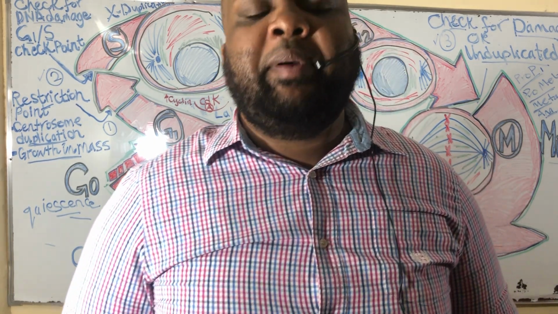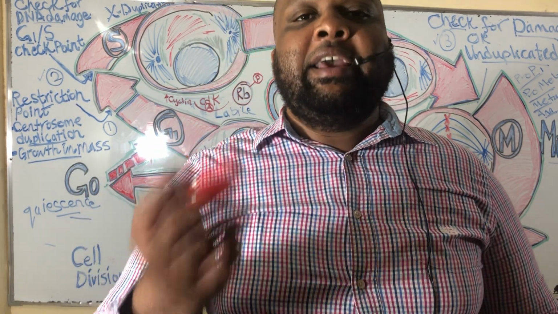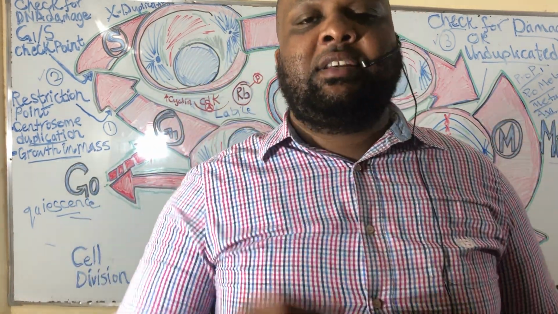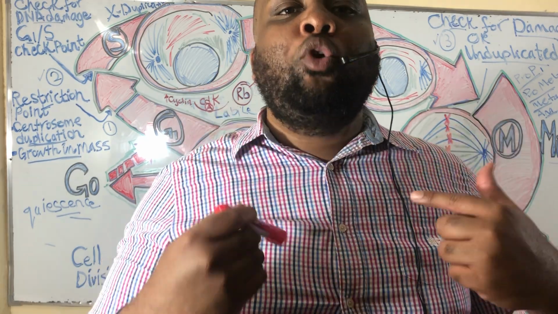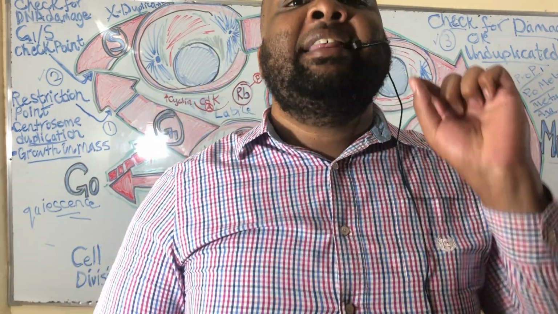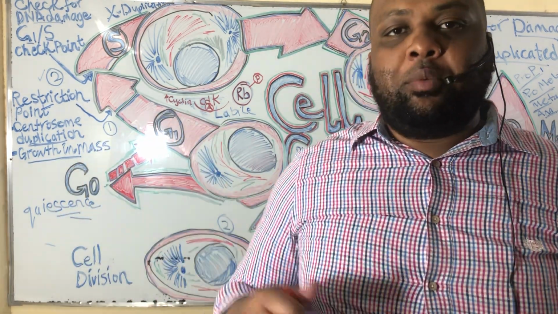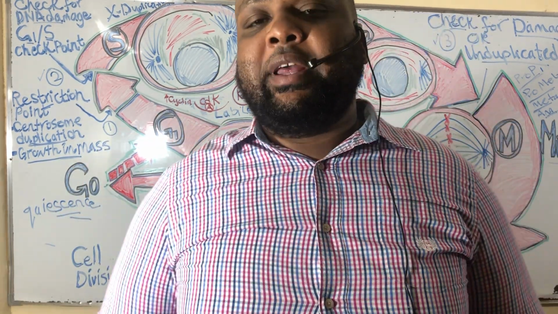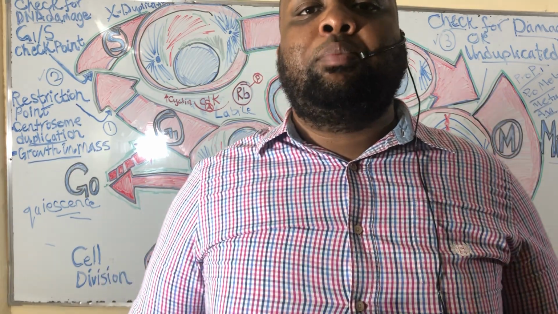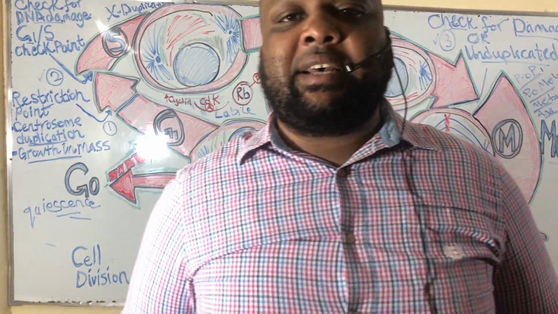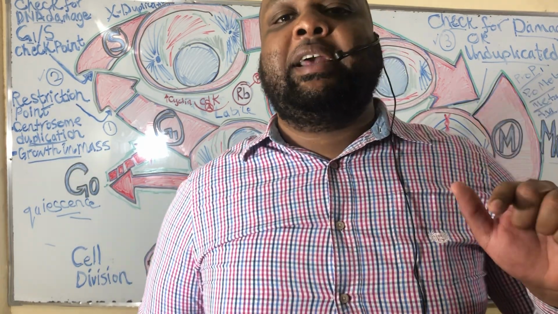When the cyclin-dependent kinase is activated, it will not do the job of carrying the cell to the next phase. What it will do is go and phosphorylate that protein. Like I said, an example of that is the RB protein. It will phosphorylate that RB protein, and the RB protein will now carry the cell into the next phase of the cell cycle. And over there, the story will begin again.